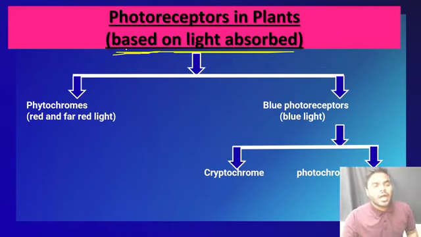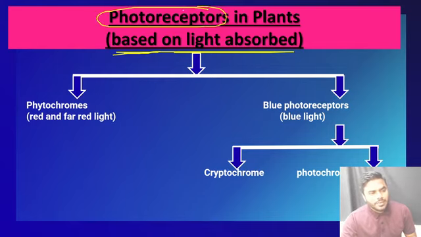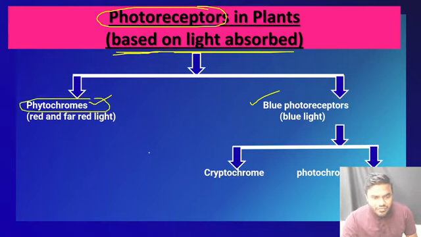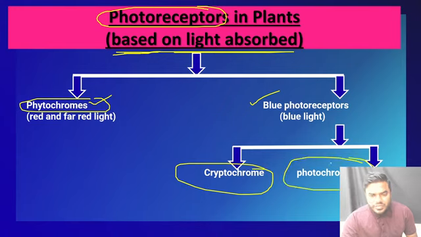Based on the light absorbed, we categorize all the photoreceptors into phytochromes, then followed by blue photoreceptors. I want you to remember all the three pigments. The entire lesson of sensory photobiology is exclusively studying these three pigments, their structure, functions, and most important, the experiments. We have to read only these three.